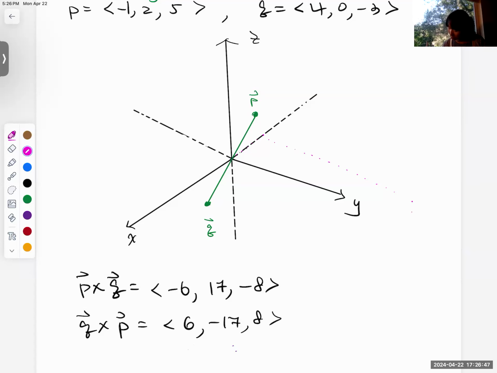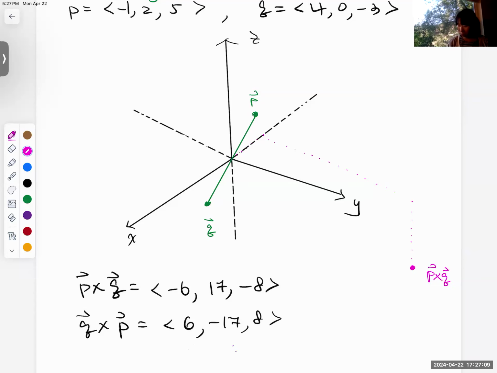So 1, 2, 3, 4, 5, 6, 7, 8. Yeah. So not accurate, but approximate here. And not perpendicular, parallel with Z. So that would be P cross Q, right?